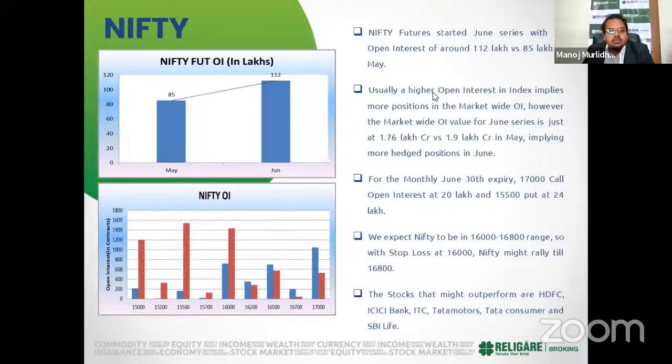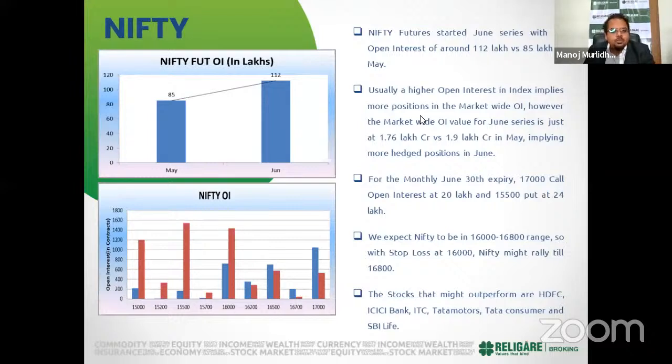Second is this point which we usually say. There is a good chance that post 16,400, and the reason why I'm saying this level is the accumulation of the call sellers, who are called call writers, in this series and some in the May series, is more or less towards the 16,400 strike.